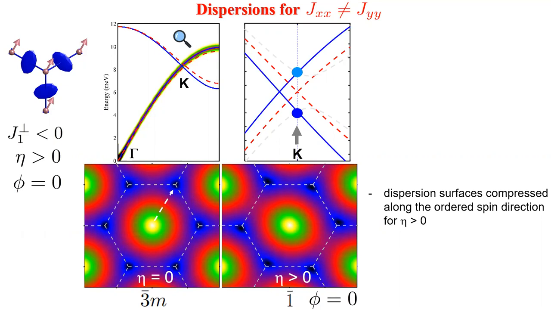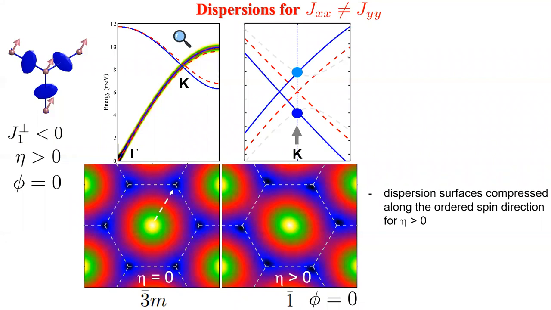For example, if the magnetic moment is oriented along the white arrow here, then you get some squeezing of the dispersion. So nodal lines move in. That's illustrated here. The dashed lines correspond to the isotropic XXZ model, and then the finite exchange anisotropy shifts this in.